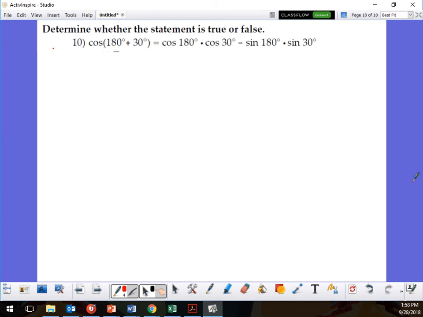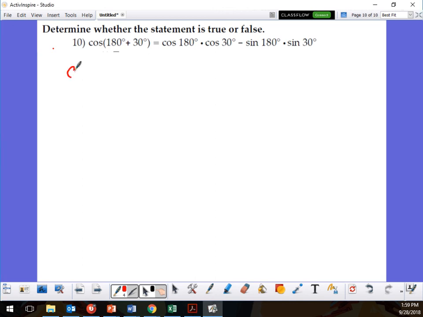All right, so on this one right here, make sure you actually put it in the calculator correctly. It will tell you true or false here. Oh, okay, I see. It will tell you true or false. So when you're doing it, you have to make sure you put it in correctly.